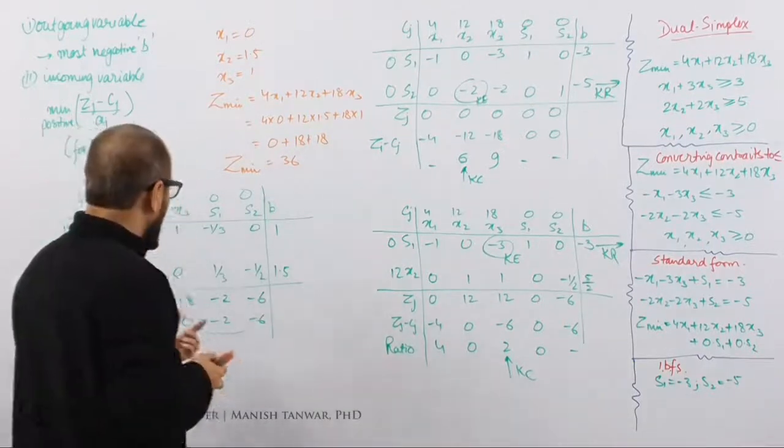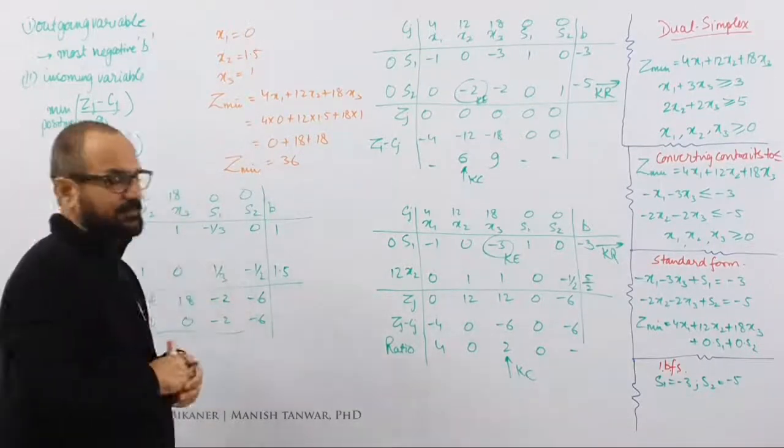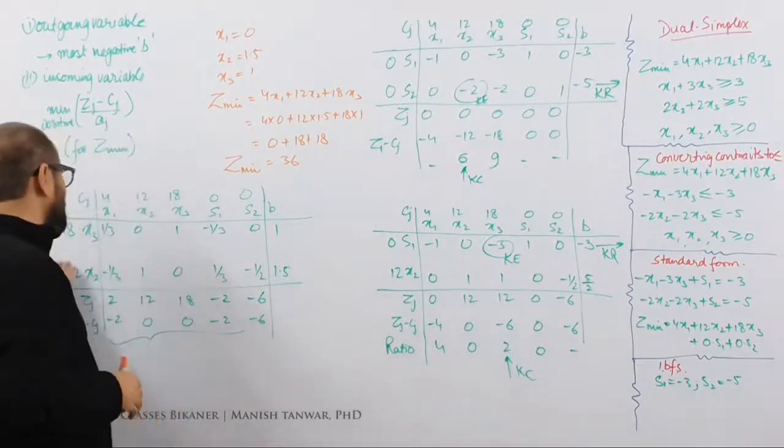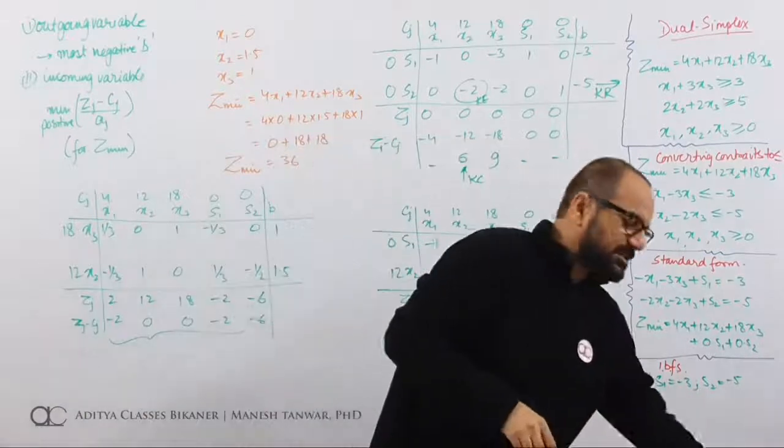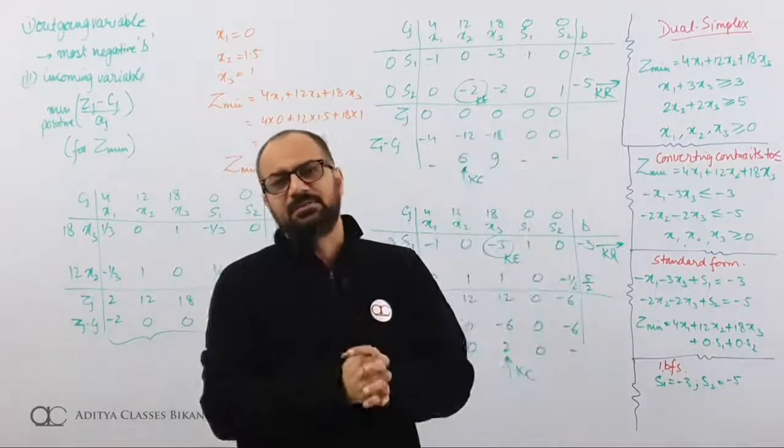This is my optimum feasible solution. This is optimum and feasible, as all the variables in the basis are positive. All the variables in the basis should be either 0 or positive.